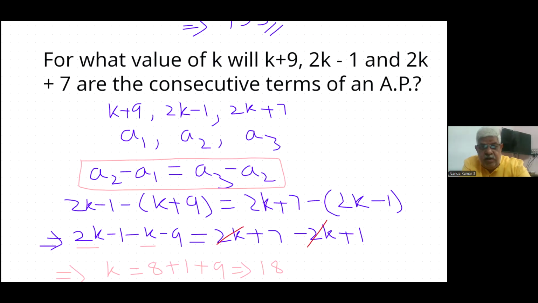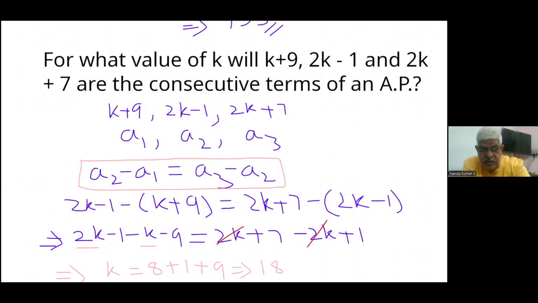Yes, dear children, the second numerical we are going to discuss is: for what value of k are k plus 9, 2k minus 1 and 2k plus 7 consecutive terms of an AP. Remember, consecutive means continuous terms.